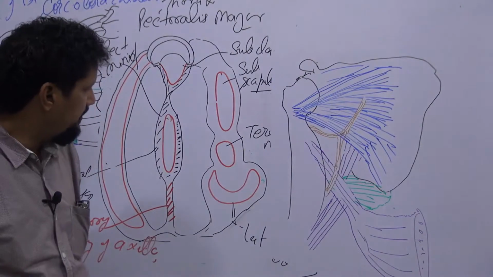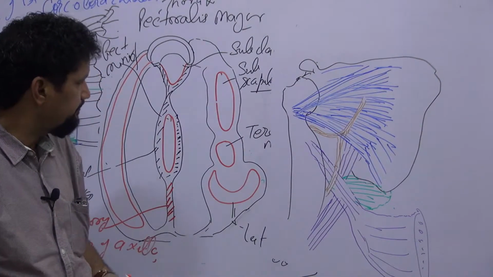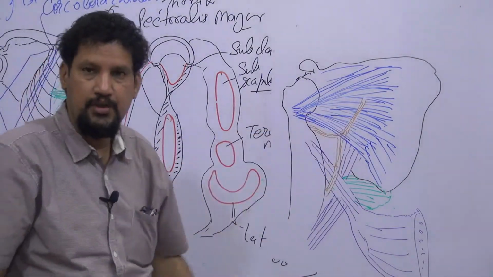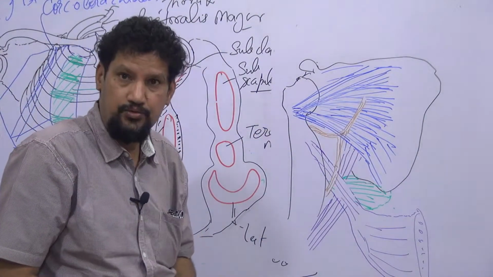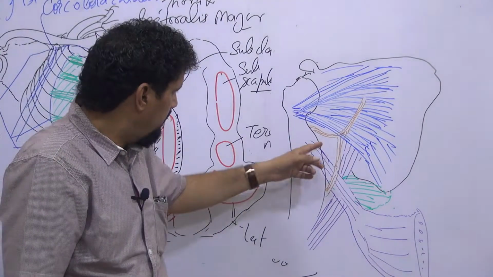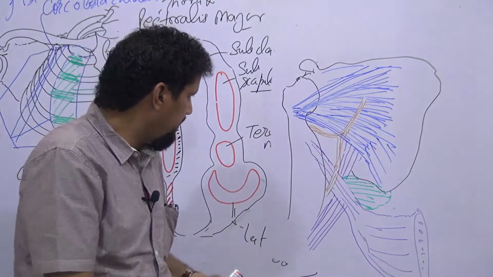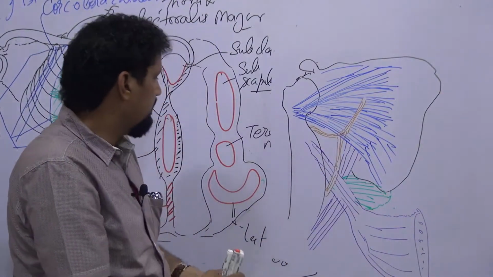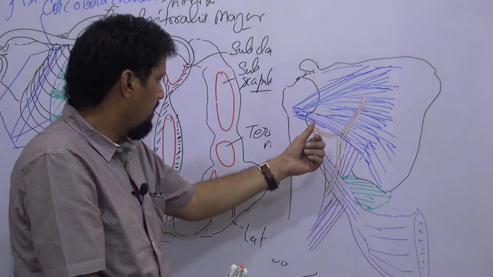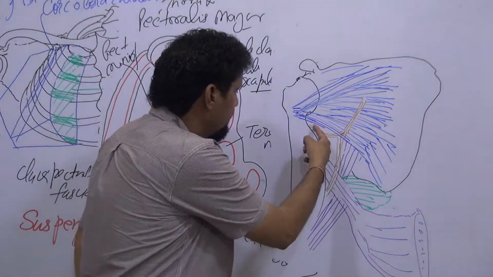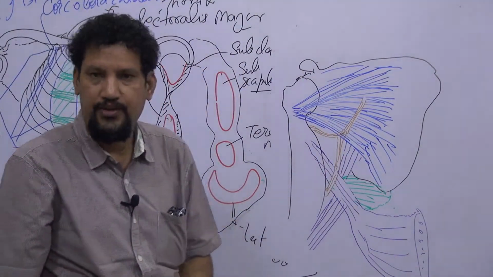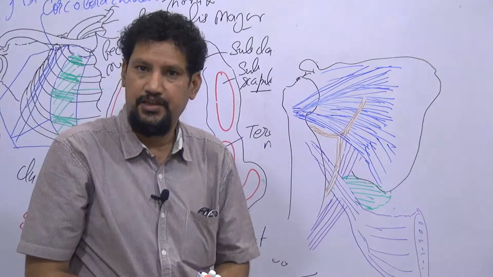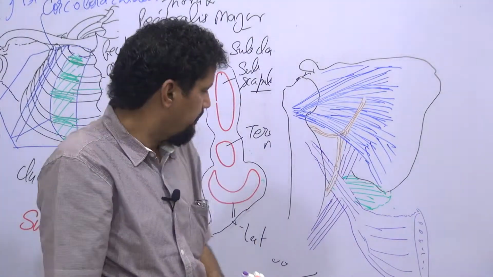In the posterior surface of the axilla, the posterior cord and the axillary nerve is running in the quadrangular space and leaving the axilla, winding round the posterior surface of the upper part of the humerus, that is the surgical neck of the humerus.